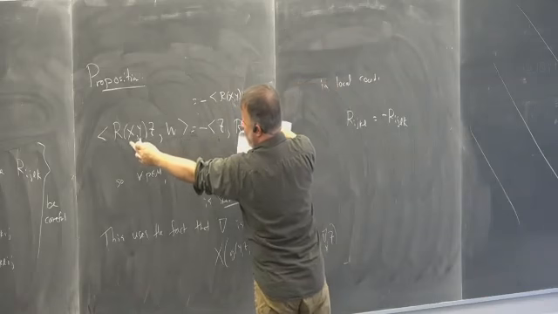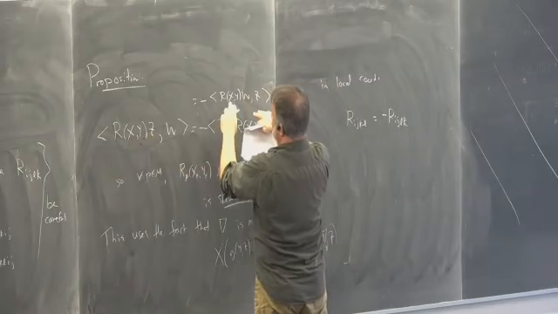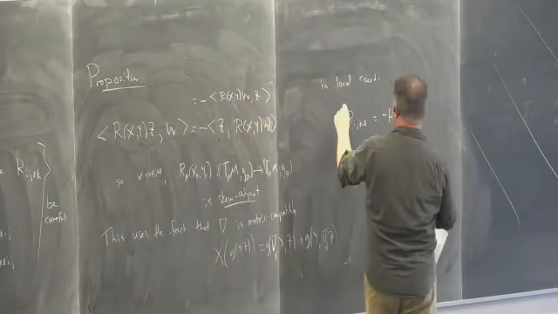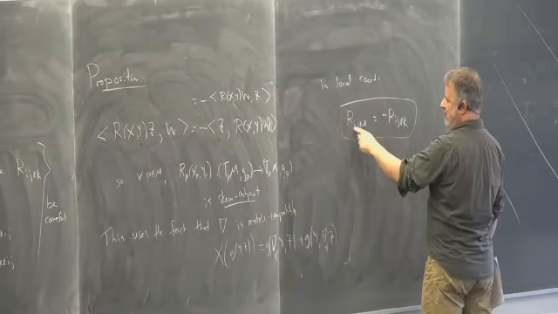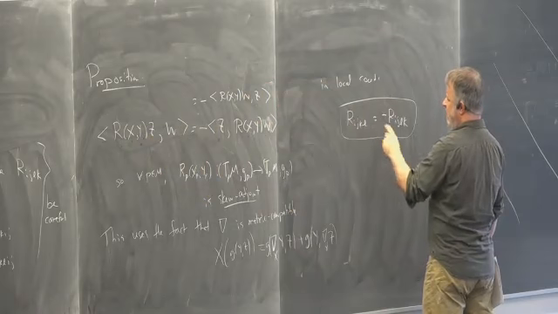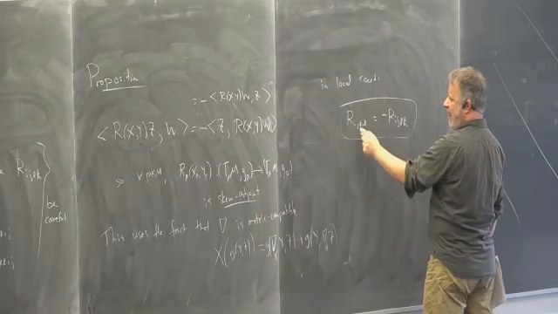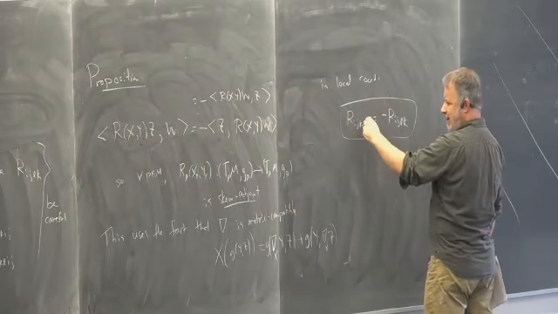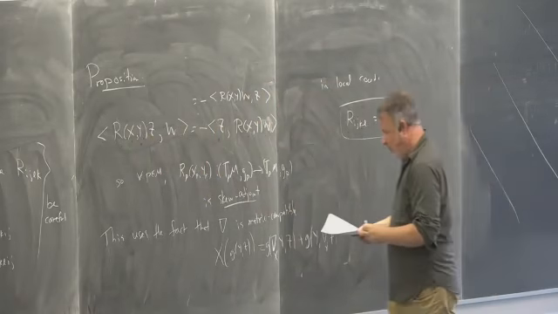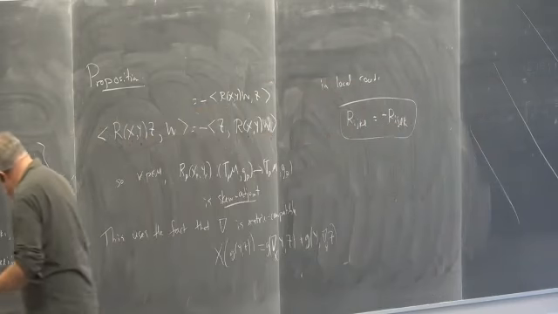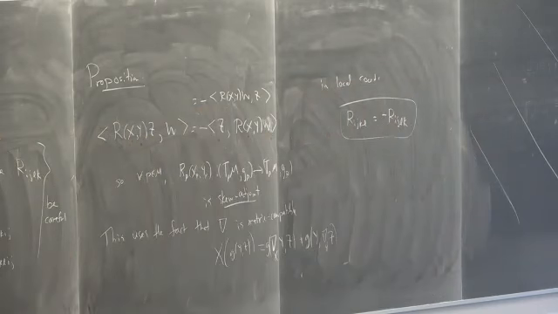And you can see that that means R_ijkl is minus R_ijlk. So what have we seen so far? This is skew in the first two. It's skew in the last two. And if we cyclically permute the first three and add, we get 0. That's the Bianchi identity. There's one more, which follows from all three of those.